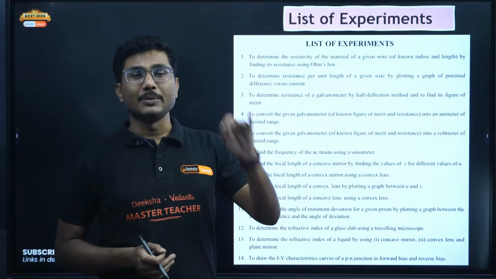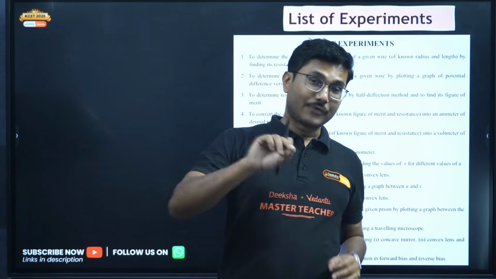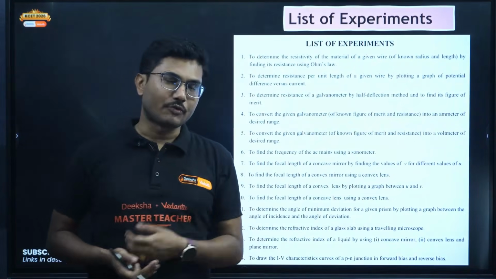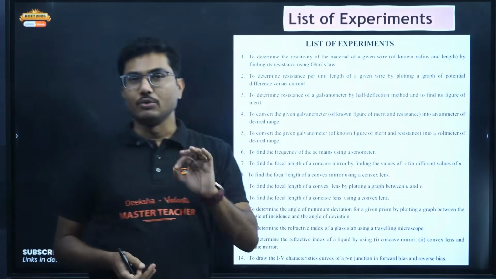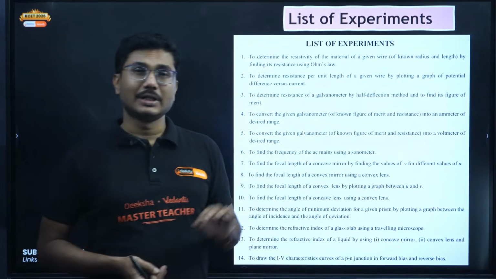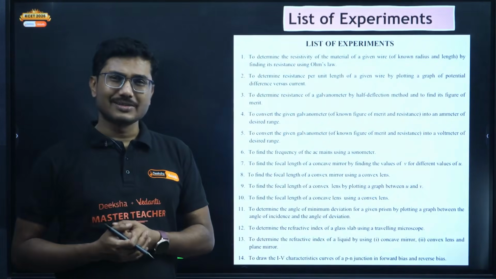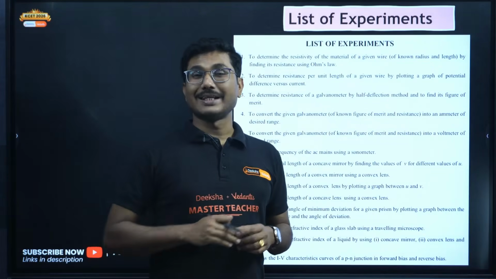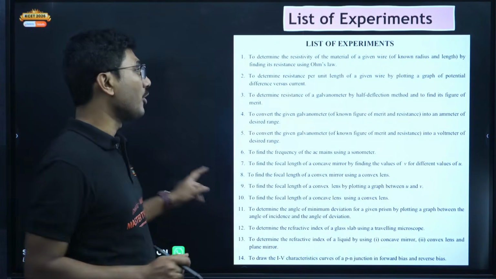Do not submit the final recorded experiment list without this. Before your evaluation, you have to at least record one set of data through your internal or external invigilator. Some colleges generally prefer to do it through internals only, but you have to show or record one set of data in front of the invigilator. That is a very important point to remember.